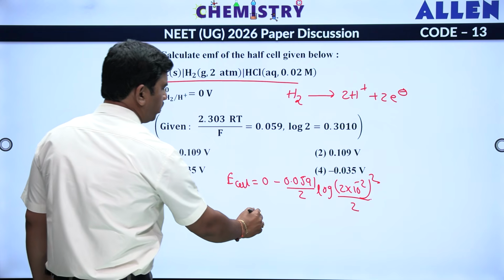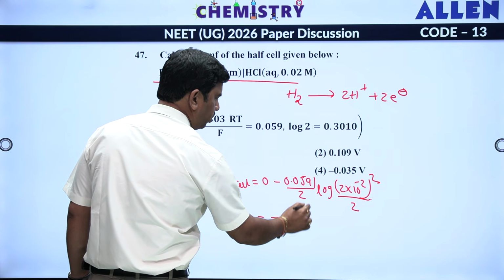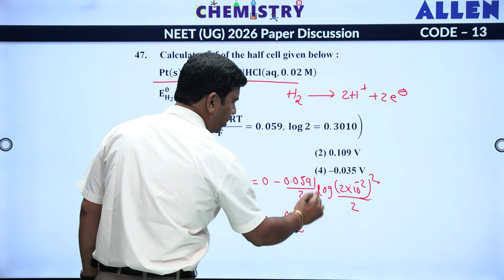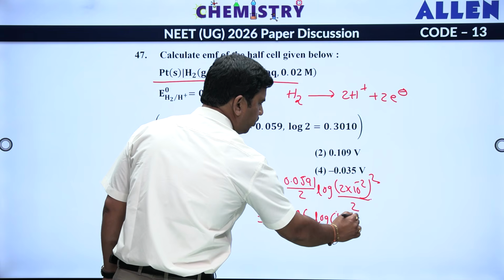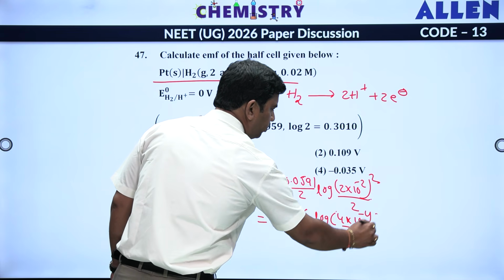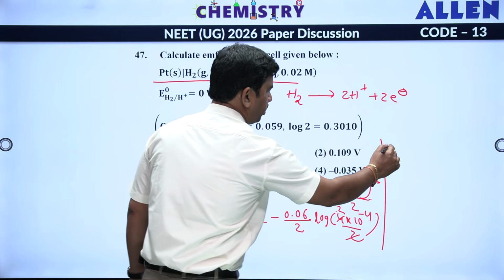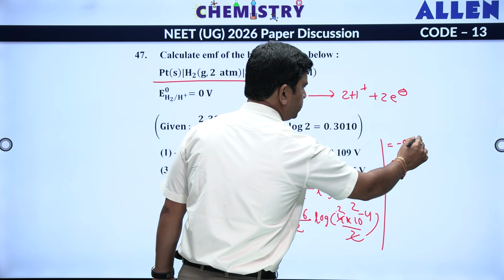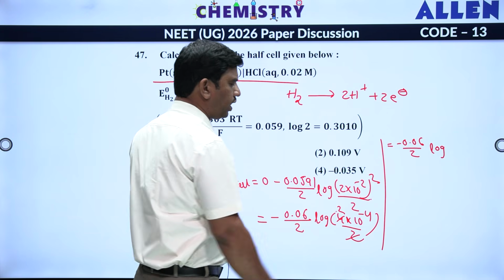So here this is minus 0.06, you can take the rounded value, and log of 4 into 10 power minus 4 by 2, that means 2. Then this is minus 0.06 by 2 log of 2 into 10 power minus 4.